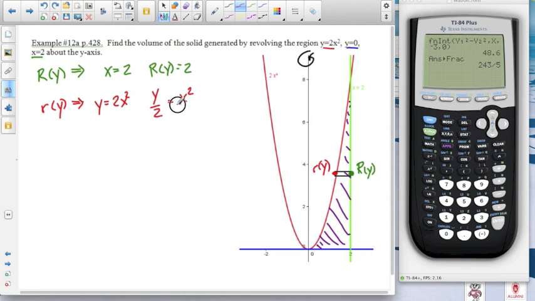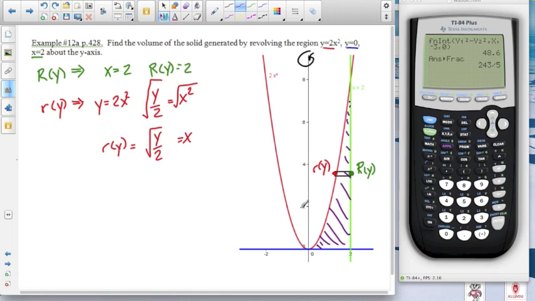And square rooting both sides gets you the option of having a plus or a minus as an answer, but graphically we see that we're dealing with a positive root. So solving that to get the function in terms of y is going to be the positive square root of y over 2. So that's going to be our lowercase r of y.